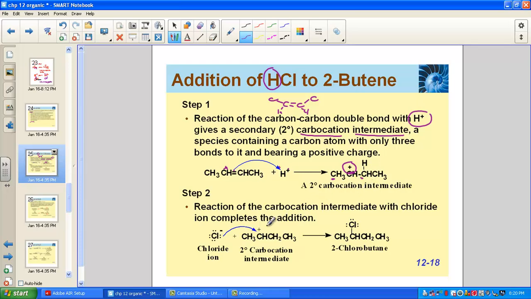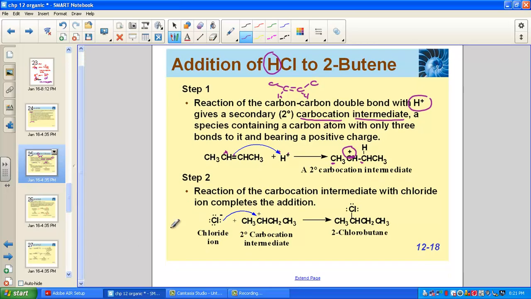Well, now that intermediate becomes the reactant in step number 2. So hydrogen is part of step 1, chloride is part of step 2. If hydrogen is positive, we know chloride is negative, and it is definitely attracted to this positive region on the carbocation, and you can see this becomes the site of attachment. The positive charge on this secondary carbocation is literally where we will see the attachment of chlorine.